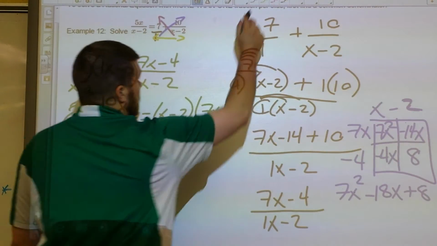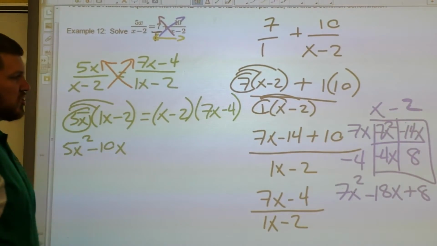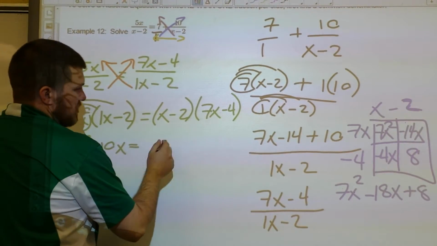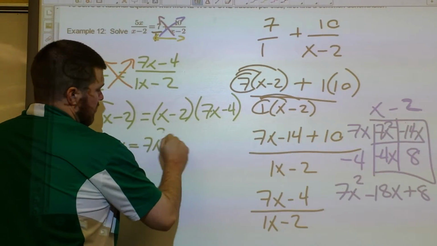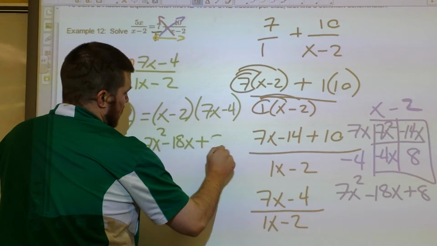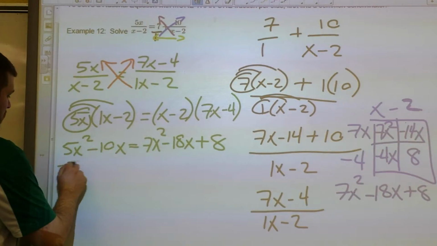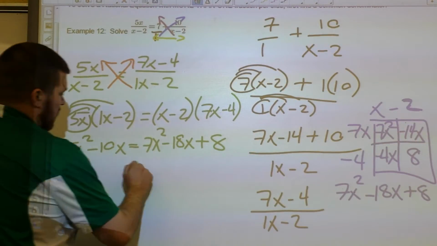All right, so that means over here, all of this on this right-hand side was just scratch work. So this is equal to 7x squared minus 18x plus 8. What I want to do now is, again, I have x squared, so I want to get everything possible on the same side. So I'm going to say minus 5x squared, minus 5x squared.